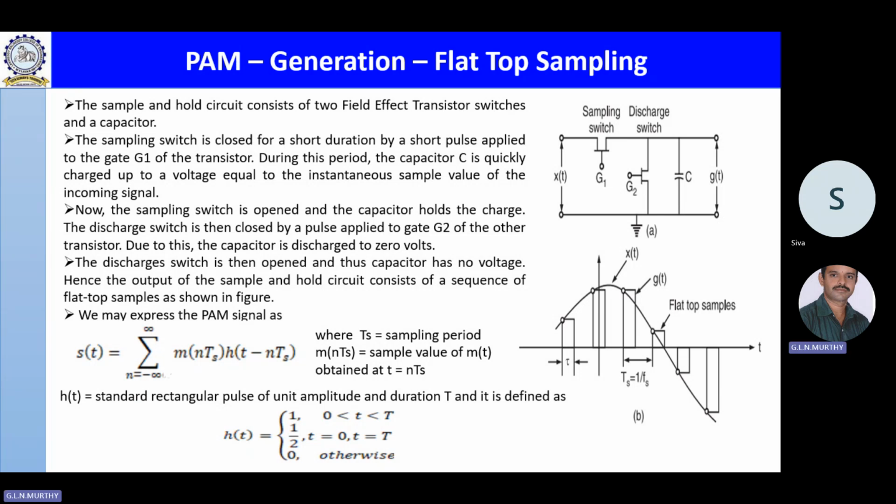Mostly we use FETs or MOSFETs for faster operation. It has gate, drain, and source. G1, G2 correspond to the gates of the sample switch and discharge switch. These switches are going to open or close periodically to generate a flat top sampled signal.